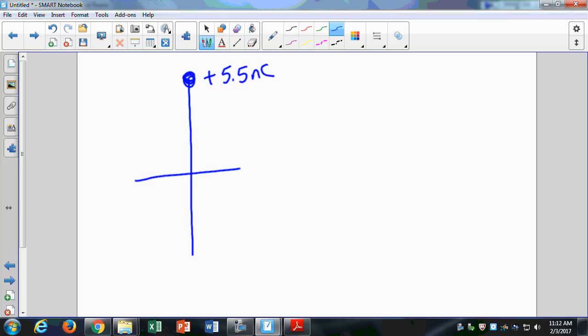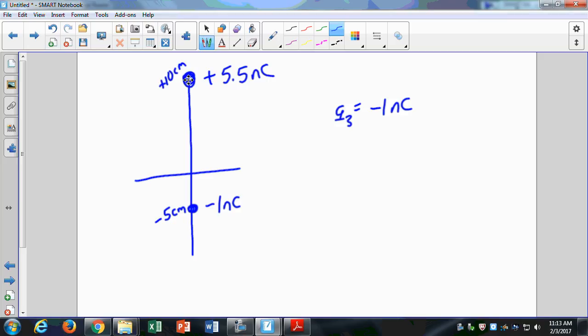And then Q2 is at -5 centimeters, and this charge is -1 nanocoulomb. And now it's asking me where can you put a Q3 equal to -1 nanocoulombs so that zero force is exerted on it due to the electric field.